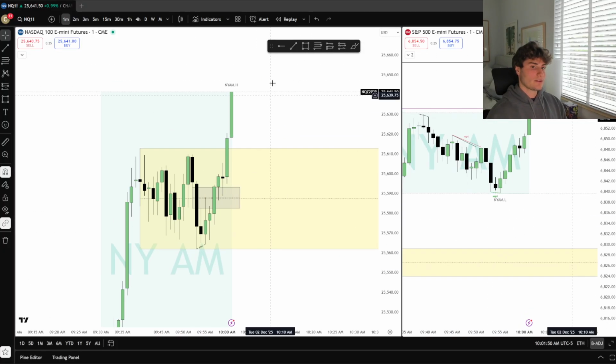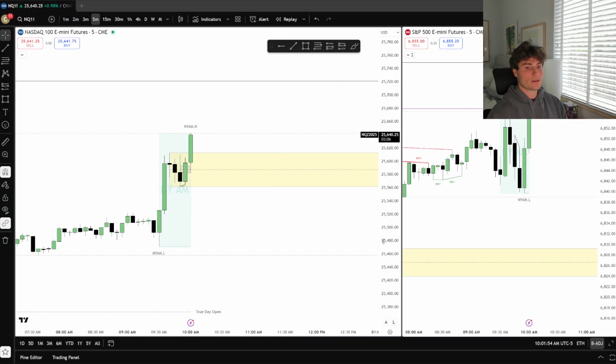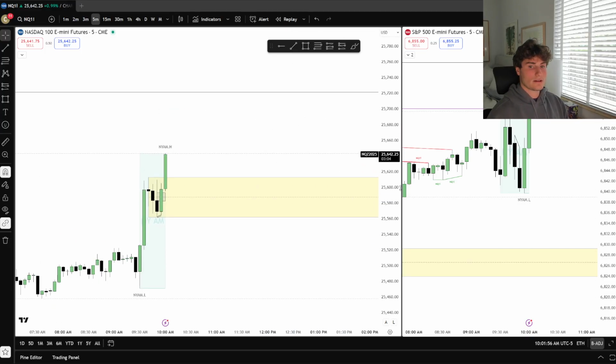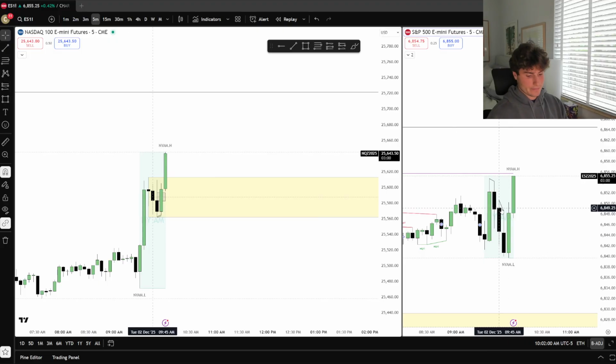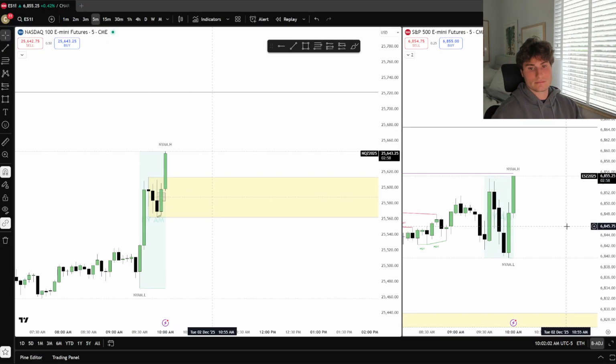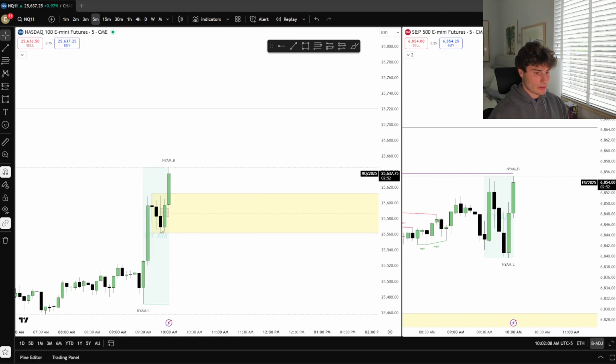I would like a retracement into this 5-minute order block, and then you could catch a nice long out of there. Kind of unfortunate though, price has been running without us this morning.